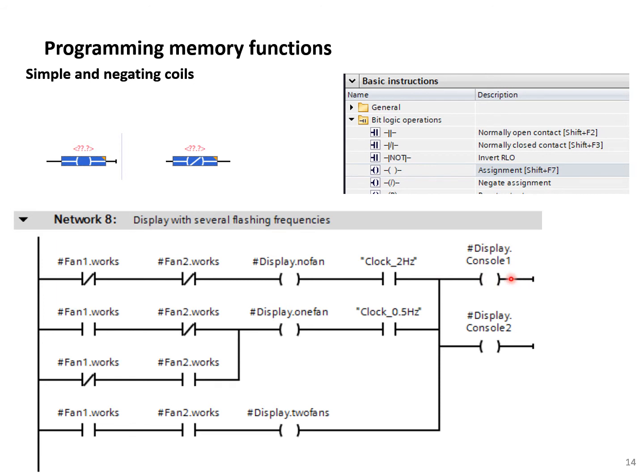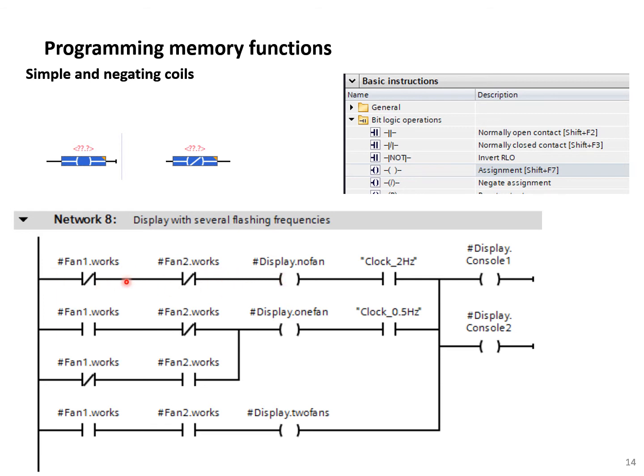So let's see what they are. If fan 1 works, this one will be false, and if fan 2 also works, this one will be false. This display, no fan, will be off because they are working.